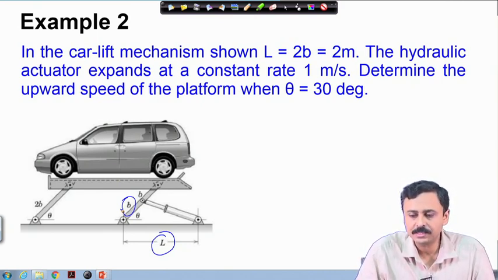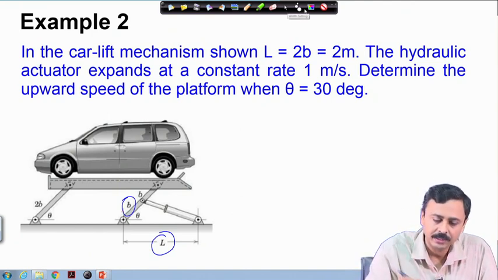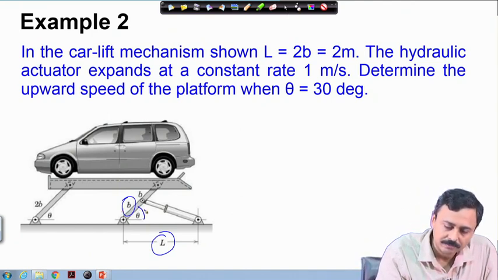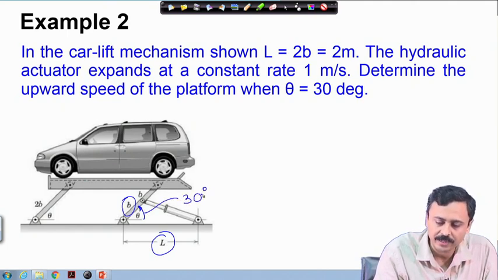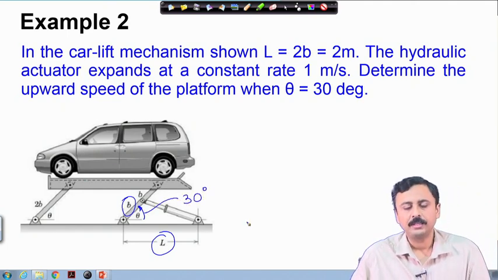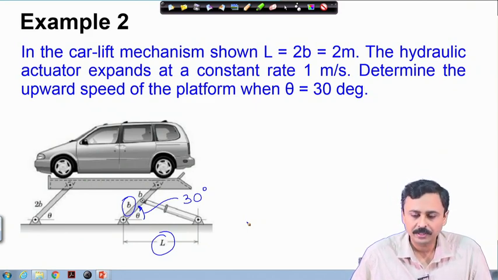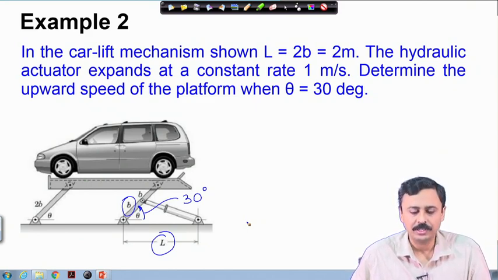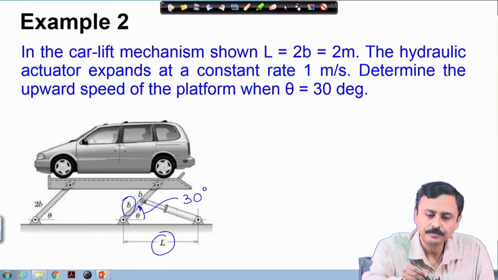So, the problem says the hydraulic actuator expands at a constant rate of 1 meter per second. Determine the upward speed of the platform when theta equal to 30 degree. So, this is the angle theta, which is specified 30 degree. So, at theta equal to 30 degree, what is the upward velocity of the platform?